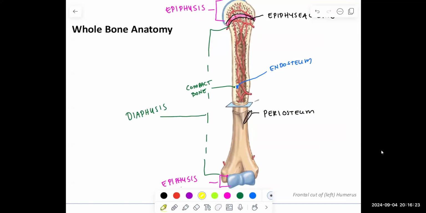I mentioned this cavity earlier. It's time for us to know its name. The medullary canal. Sometimes it's called the canal, sometimes it's called the cavity. Just heads up. Medullary canal.